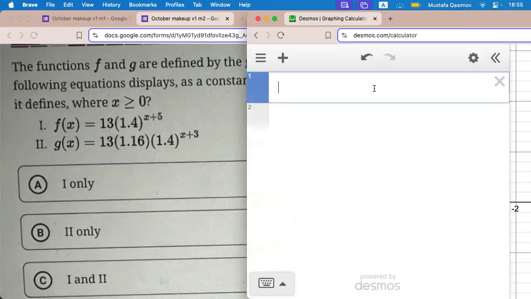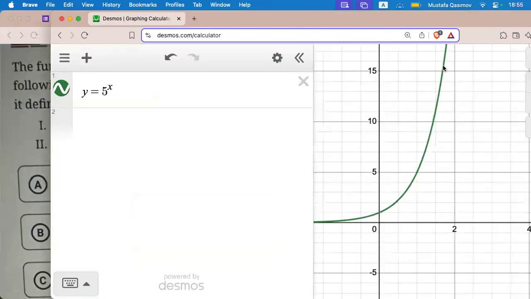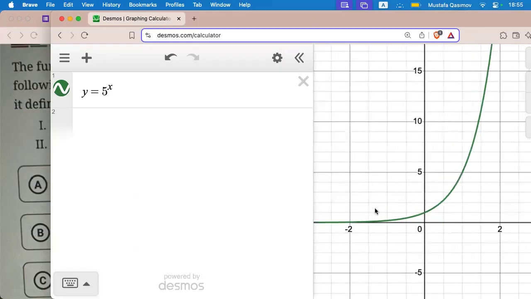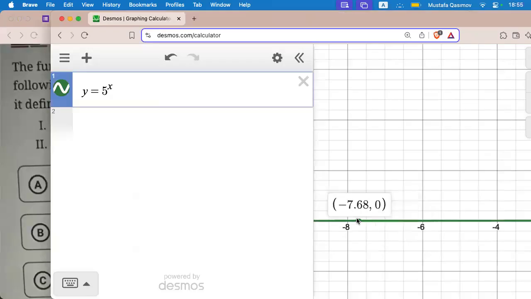Let's give an example of this. Y is equal to 5 to the power of x. Okay, here you can see that the maximum value is positive infinity. And we don't have infinity in SAT. Minimum value, maybe you can think it is 0, but it is not 0. It cannot be equal to 0.